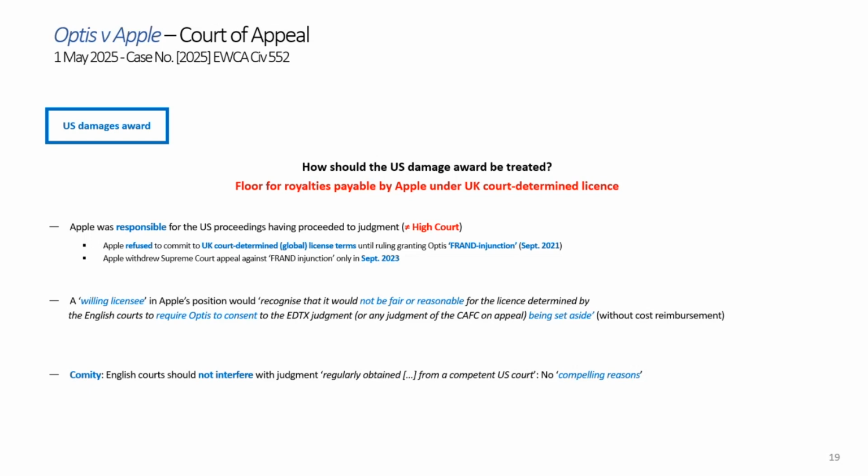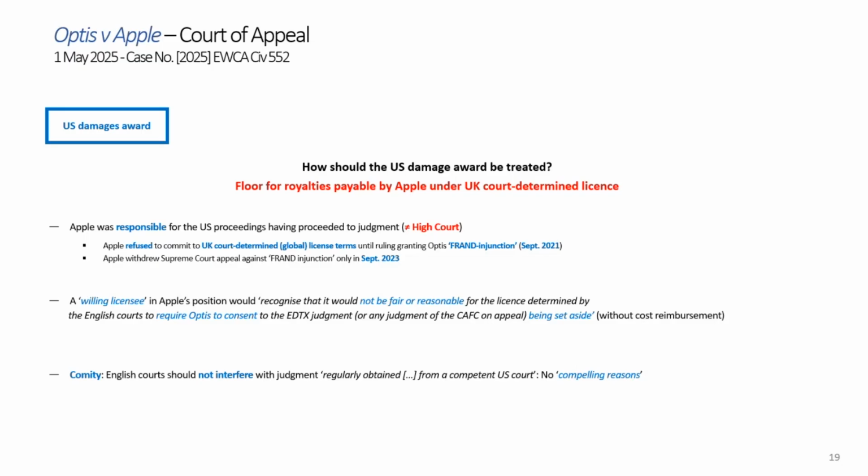So at the end of the day, this issue of comity and also Apple's behavior led the court here to say that the result of the US proceedings should be taken into account. It cannot be ignored, and it will be taken into account in form of a floor for the royalties that the UK court-determined license is going to fix. And this was the solution for this discussion here.